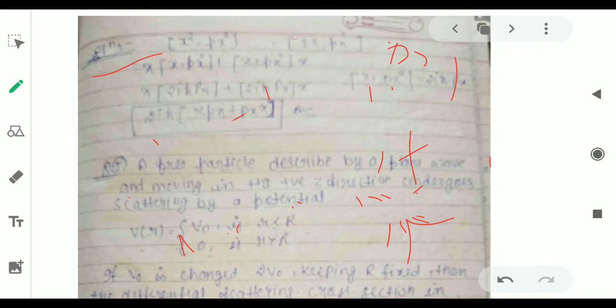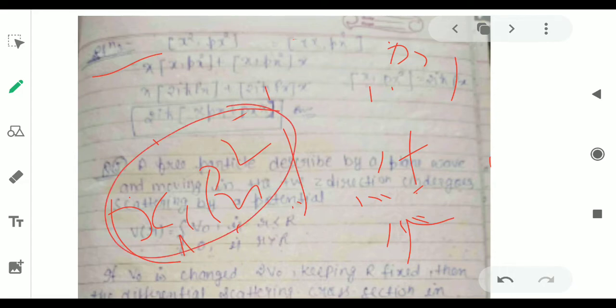Now the value of [x, px square] in the commutation relation: if we have this type of question, we can solve it by differentiating this term. If it is written p square, the differentiation of px will be 2px.